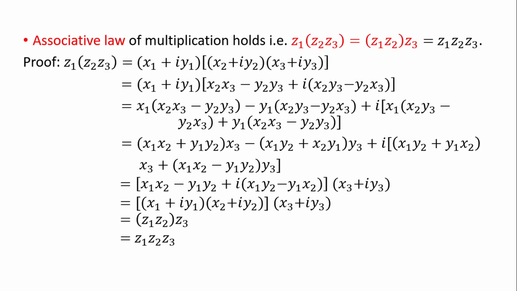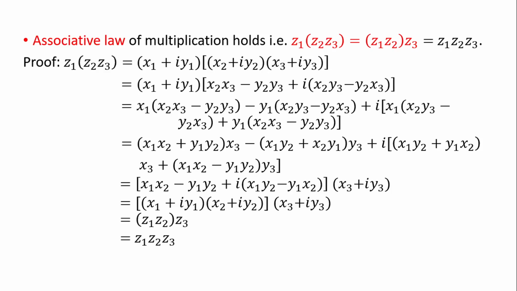Now let us put the values of Z1, Z2 and Z3 as the first step. Z1 equal to x1 plus i y1 plus Z2, that is x2 plus i y2, big bracket closed, and it is multiplied with Z3, that is x3 plus i y3.